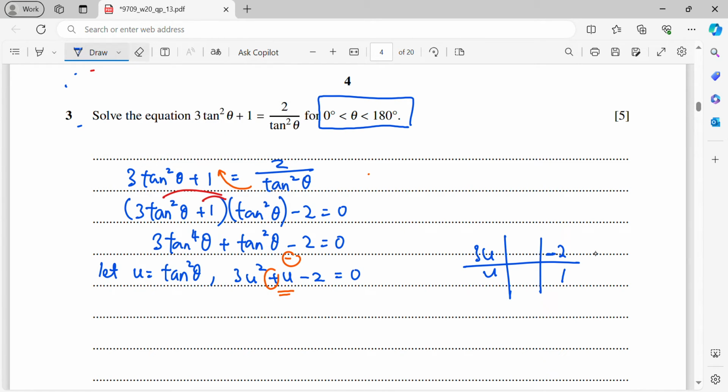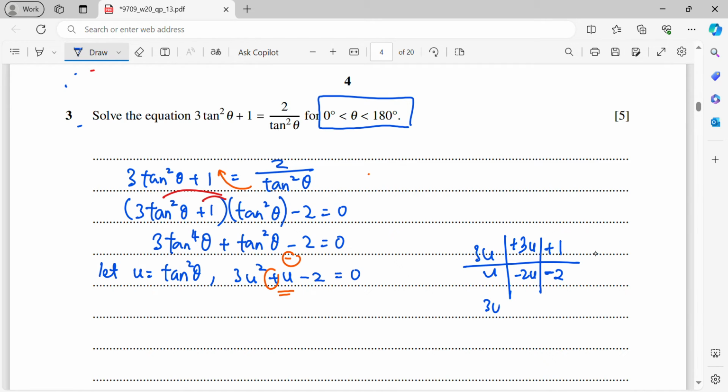Sorry, it should be positive 2. My 2 and 1 will be in different positions, because I need to get plus 1u here. So here is 2, here is 1. That means to get plus u, this is plus 1 times 3u, it will be plus 3u. Then minus 2 times u, it will be minus 2u.